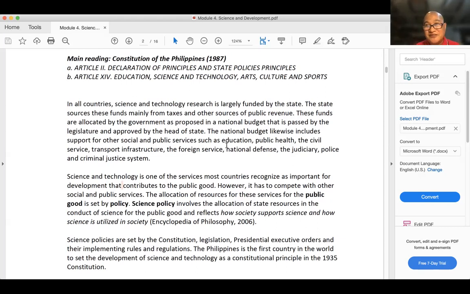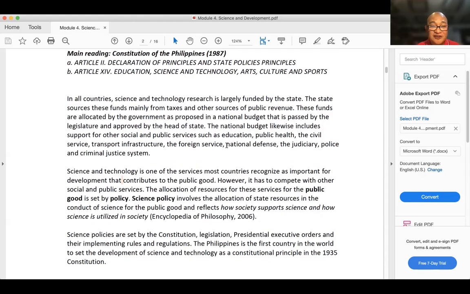Science policy, which is the way by which the laws are implemented, is really the allocation of the resources of the state, mainly taken from taxpayers' contributions, for the conduct of science for the public good, and it reflects how society supports science and how science is utilized in society. A society that values science and technology would likely have a larger budget for science research, as compared to a society that does not place much importance in science and technology.